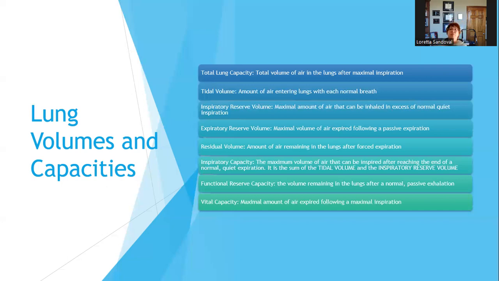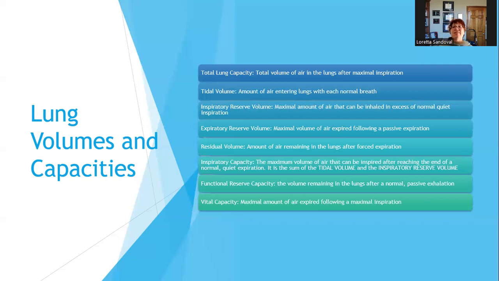Inspiratory capacity, and remember, capacity is a combination of volumes. It's the maximum volume of air that can be inspired after reaching the end of a normal quiet expiration. So it's the sum of the tidal volume, that's your normal quiet expiration, and the inspiratory reserve volume. Functional residual capacity is the volume remaining in the lungs after normal passive exhalation. So that's going to be your residual volume plus a little.